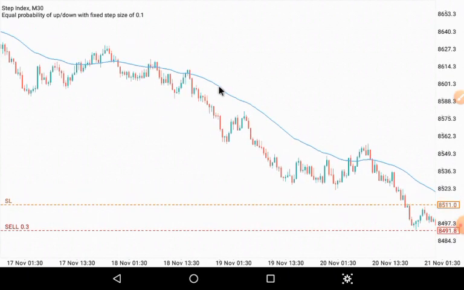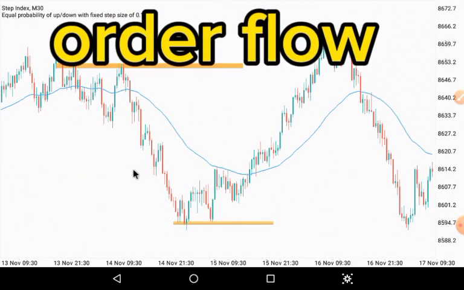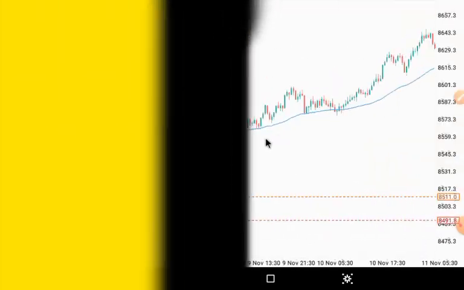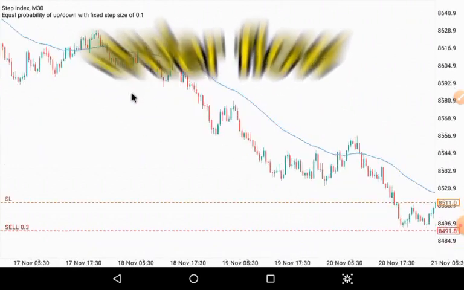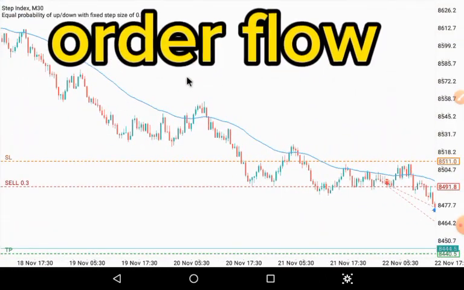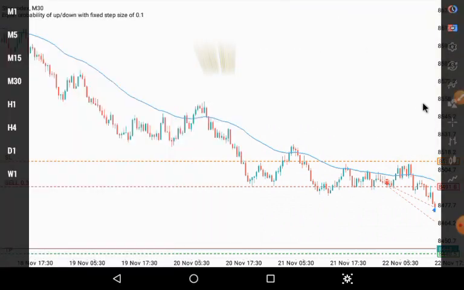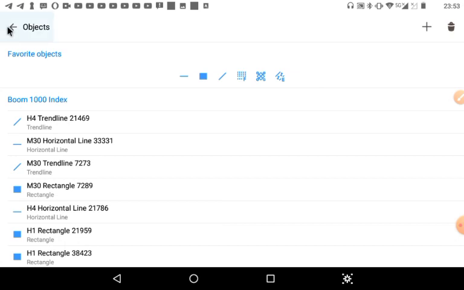Okay guys, so when I came to this chart, the first thing I did was to identify the order flow. That's the first thing you do when you come to the market. When we talk about the order flow, we are talking about the direction of the trend, and looking at this, it is not hidden.